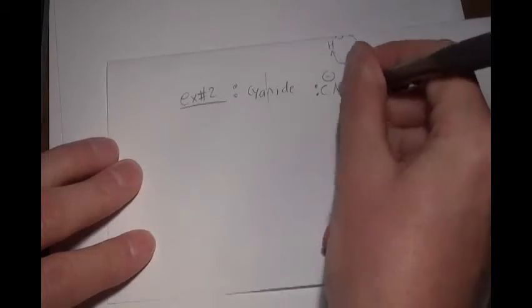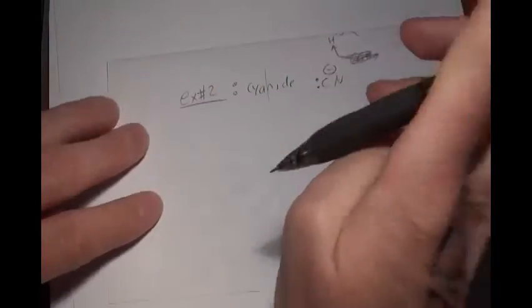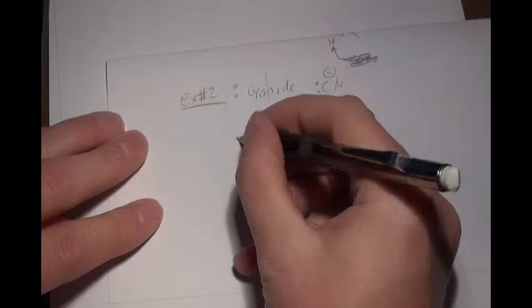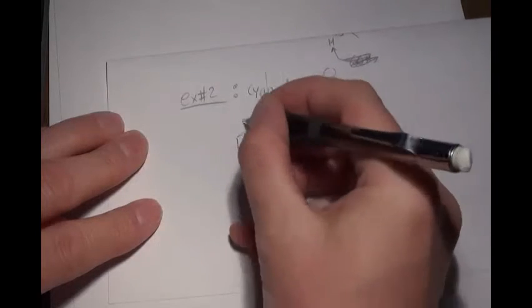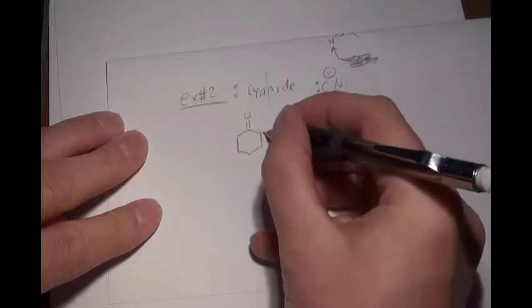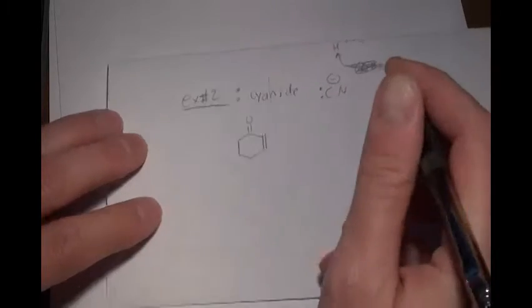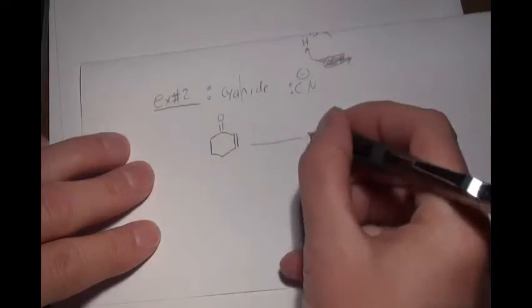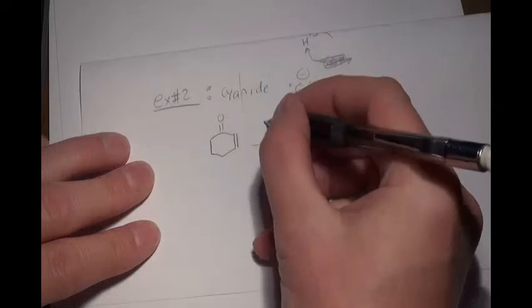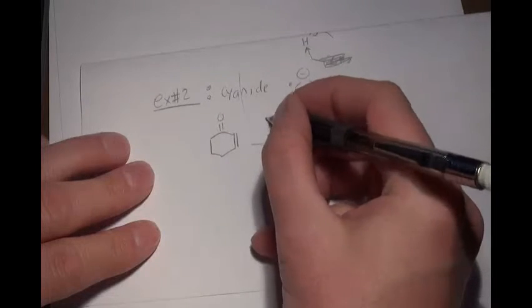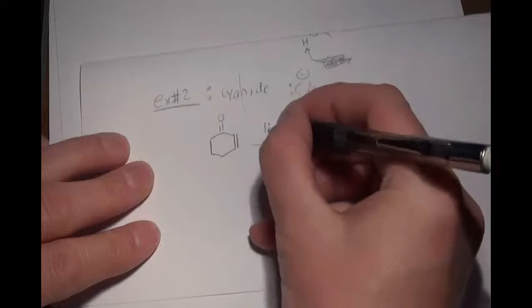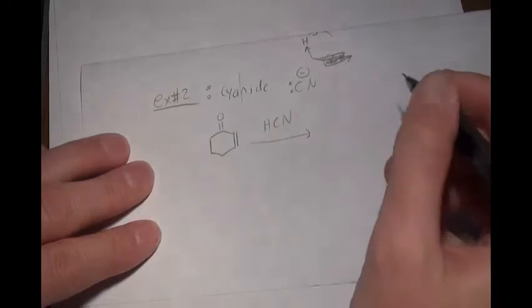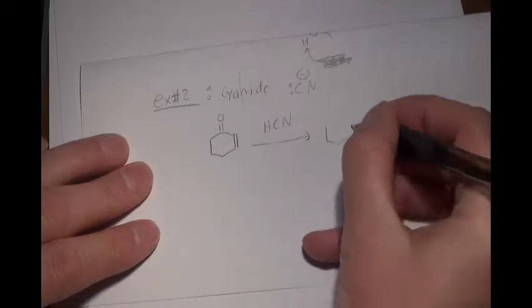The important lone pair is on carbon. Okay, so let's just show an example. Another simple alpha beta unsaturated ketone. I think what the book usually uses is HCN.